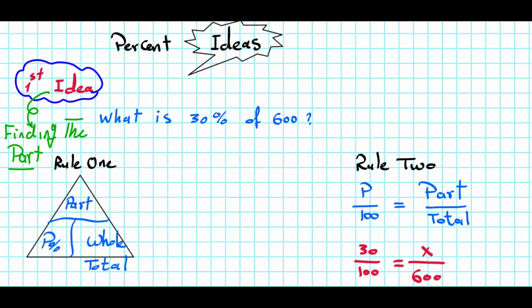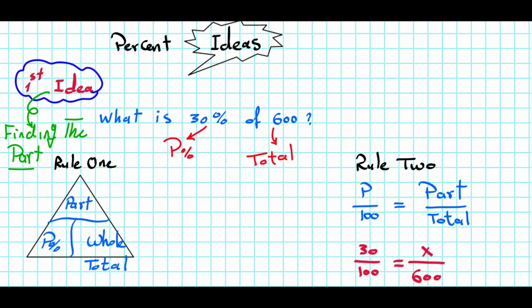So this is our first rule to get the 30% of 600. So I got the percent and I got the whole or total. So that's the percent and that's the total. So I want now the part of the 600, which is represented by the 30%.